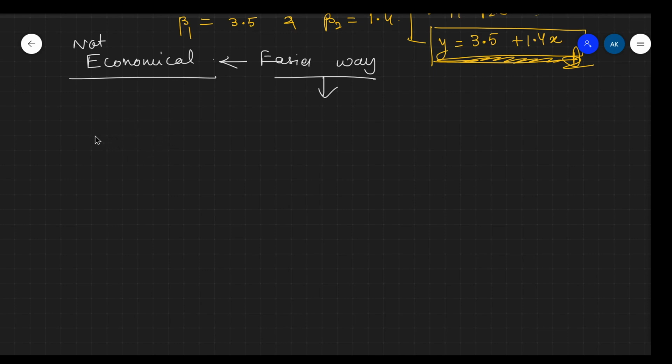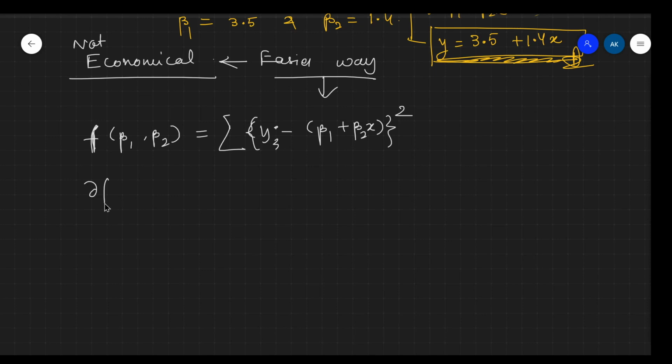See, if you observe that our objective function, which was of beta 1 and beta 2, was of something of this sort, summation of yi minus beta 1 plus beta 2 x, whole square. Differentiate now.